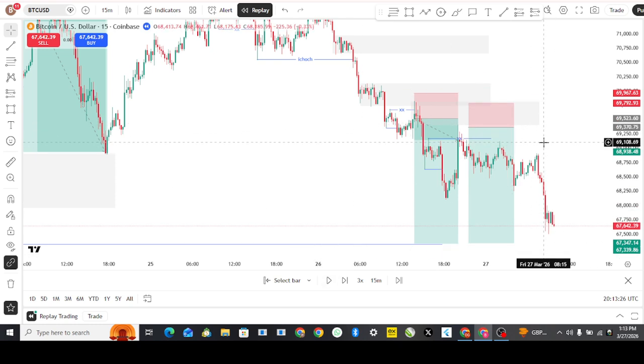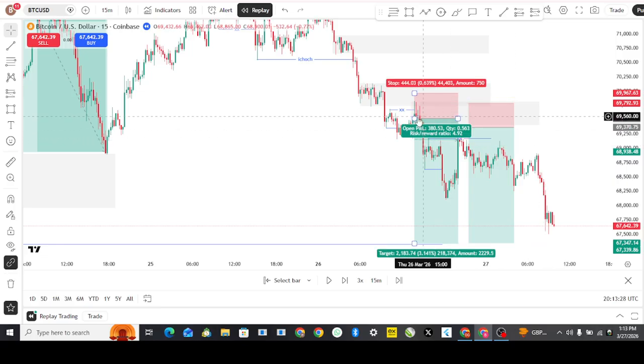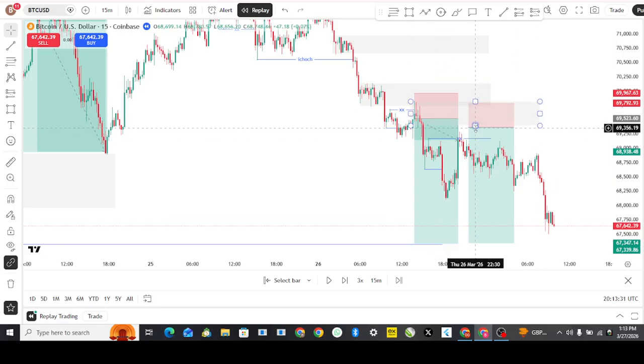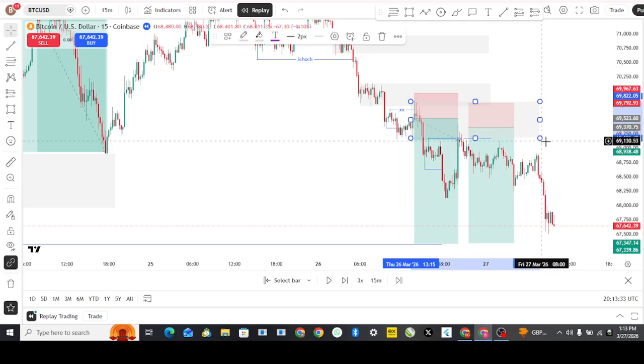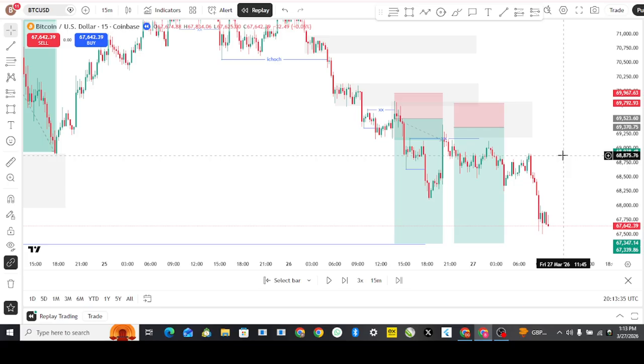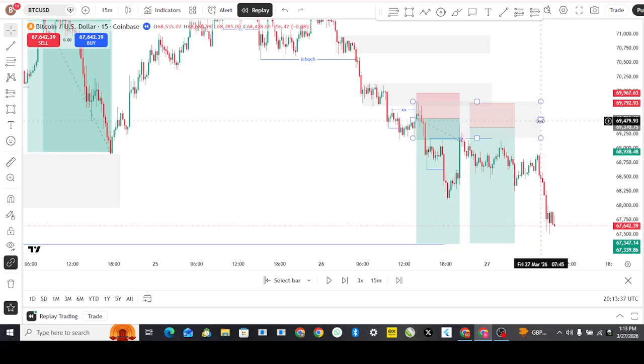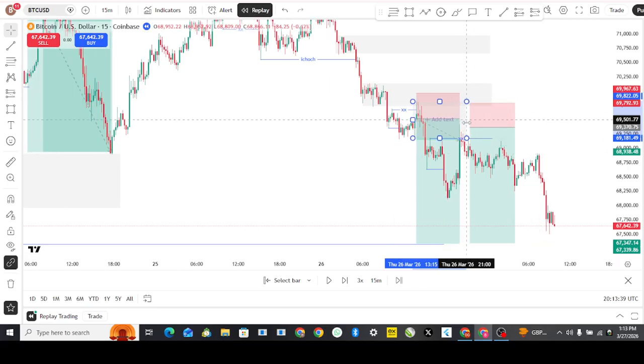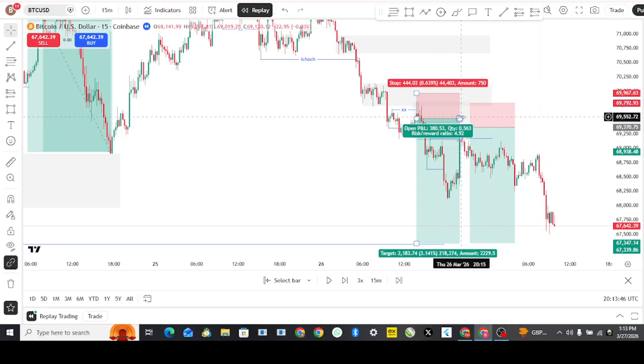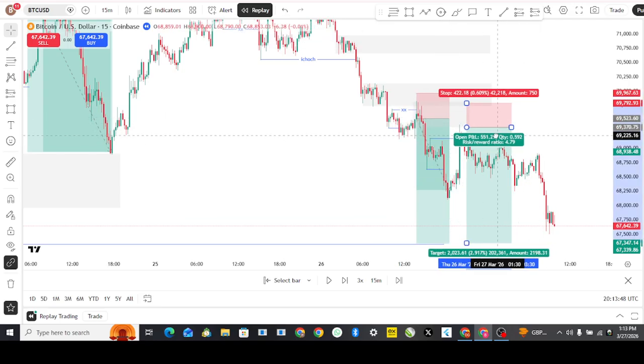Wow, you see that? So that is it. We are waiting at the order block there, but the market used the order flow. Can you see now? The market used the order flow. Immediately the market mitigated the order flow. So that is why sometimes you need to open your eyes.